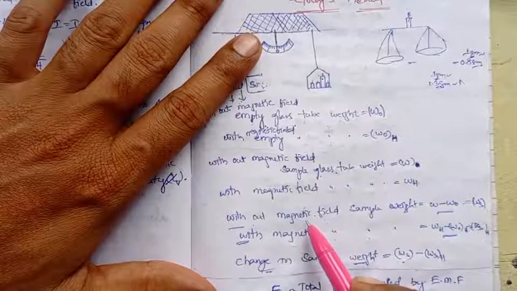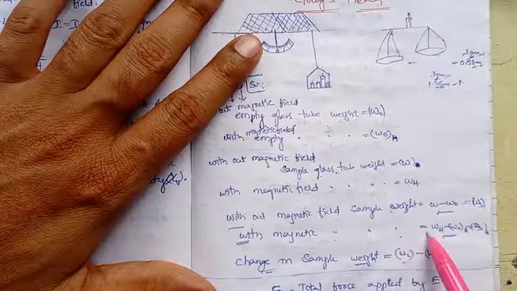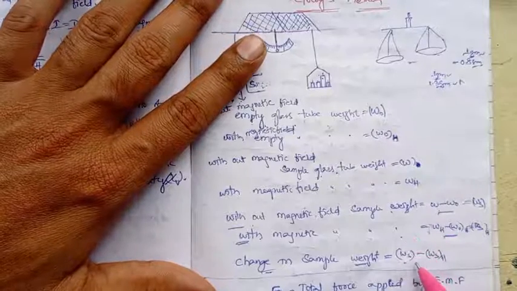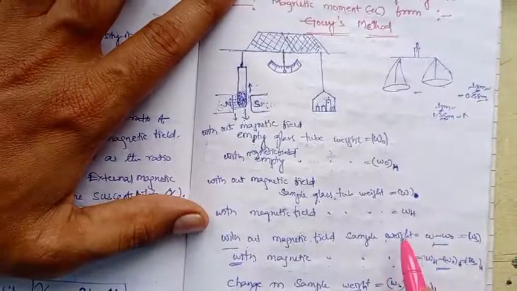We get the sample weight with field and without field, and the change in sample weight will be calculated.